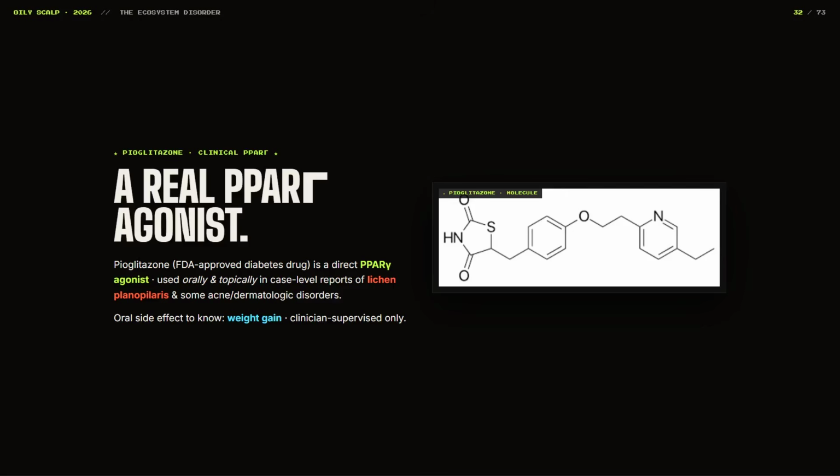Now, forgive me because I'm going to get a bit opinionated here. I do think there possibly is some kind of use case when it comes to PPARγ agonists topically, specifically when it comes to acne and even in these sort of weird oily scalp conditions, because there is an argument to be made that if you can increase the local metabolism of lipids, then you can probably help a lot of conditions.